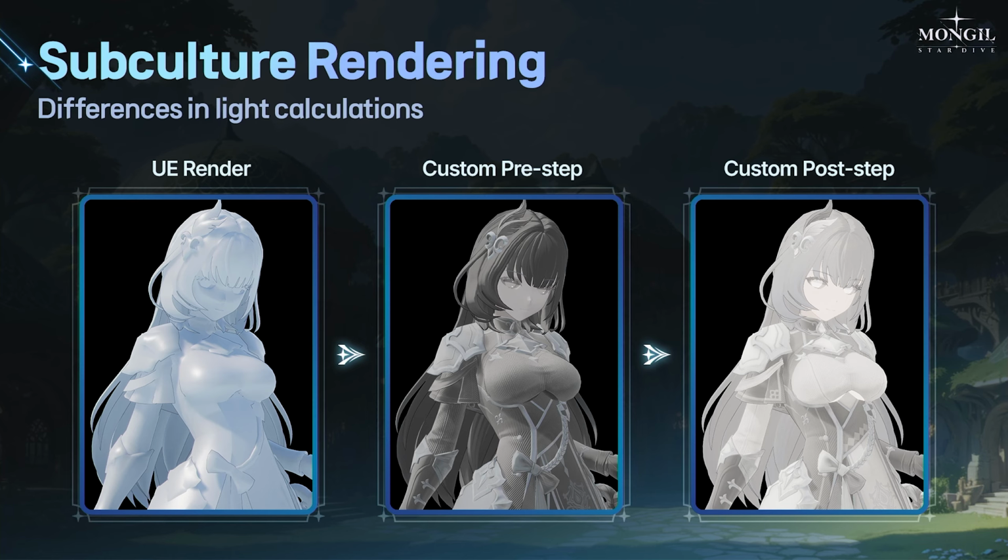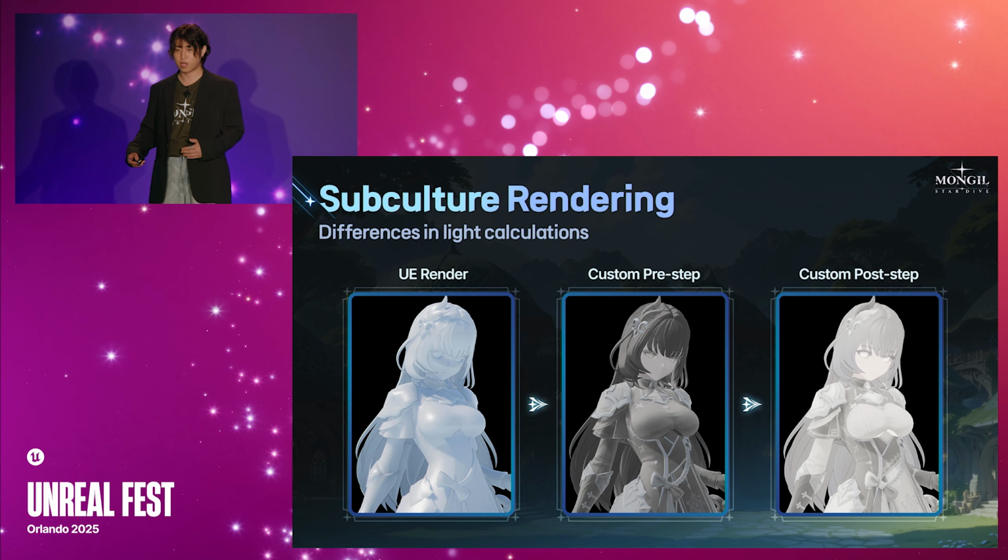The original PBR rendering was unsuitable for the project for those reasons. However, by combining all the necessary equations in the pre-pass to create a stylized subculture rendering, and then adjusting the values in the post-processing step, I was able to achieve a balanced and visually rich result.